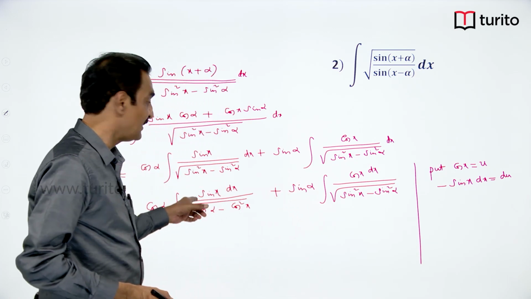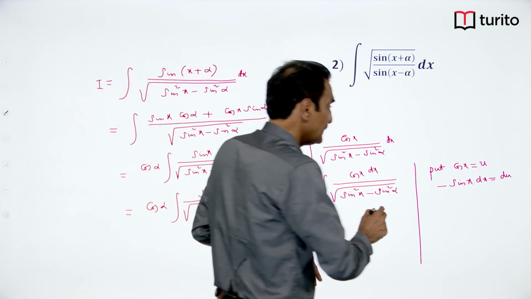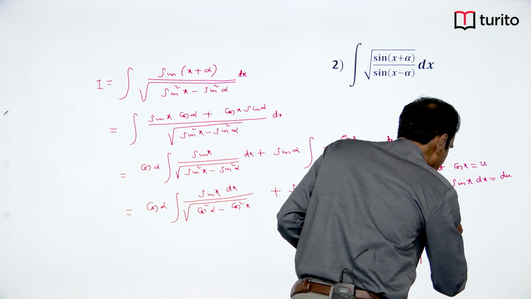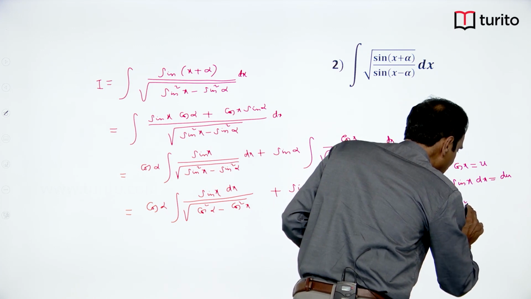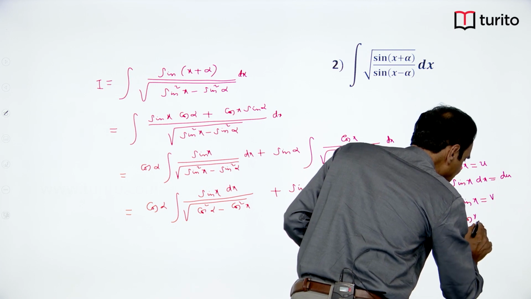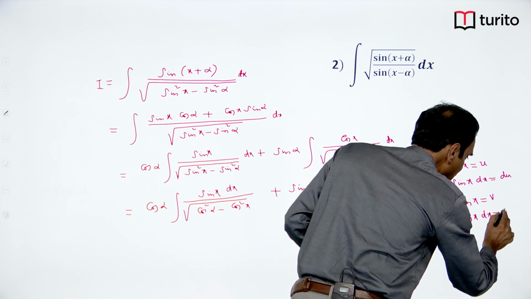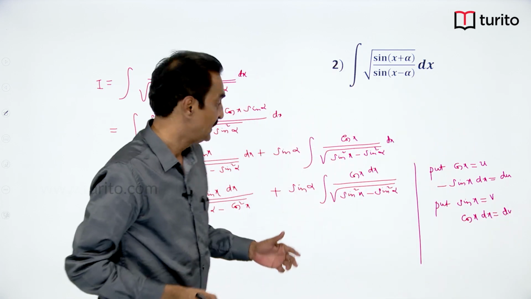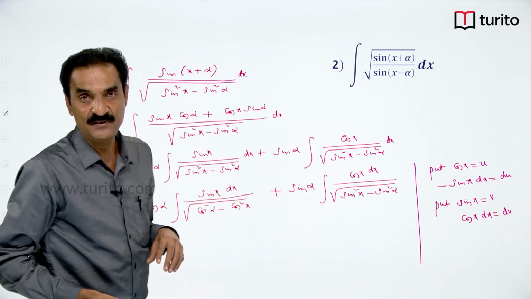So, this numerator will be minus du and put sin x is equal to v, then its derivative is cos x dx is equal to dv. So, this numerator will become dv.